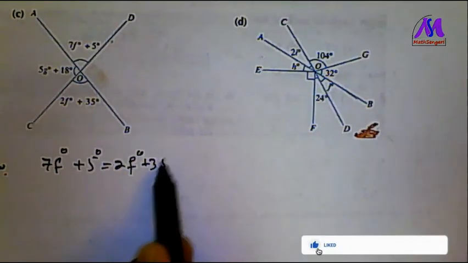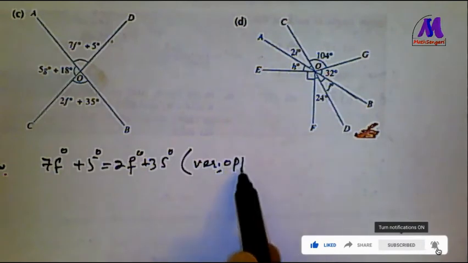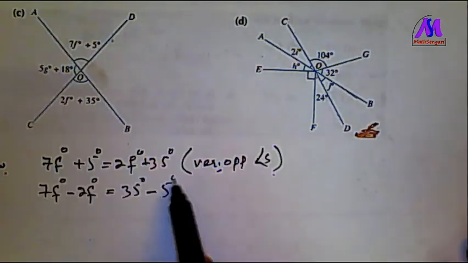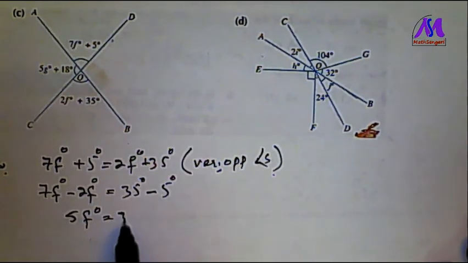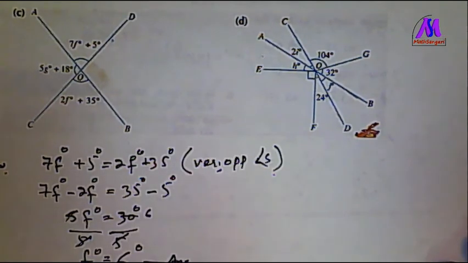So right here, 7f degrees plus 5 degrees will be equal to 2f degrees plus 35 degrees, because these are vertical opposite angles. So from here you will get 5f degrees will be equal to 30 degrees, and dividing both sides by 5, f degrees will be equal to 6 degrees, and that will be the answer for f.